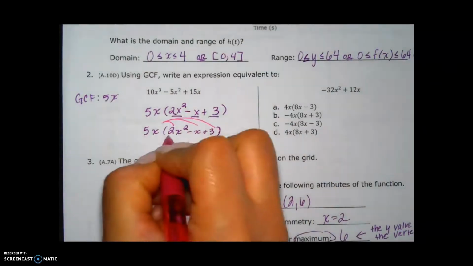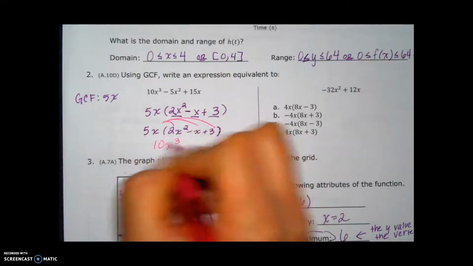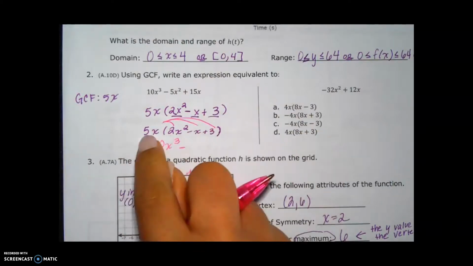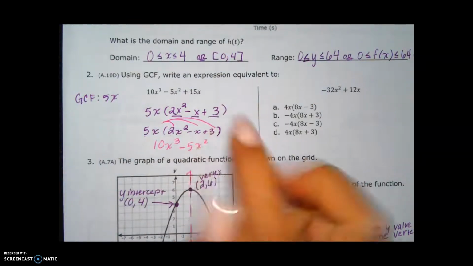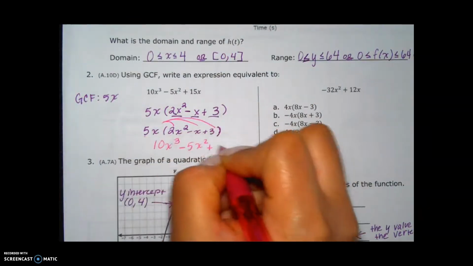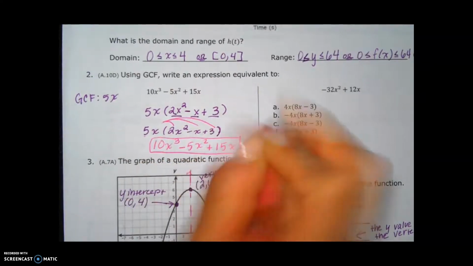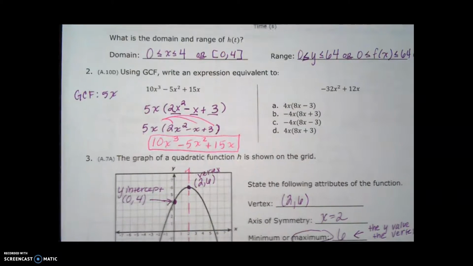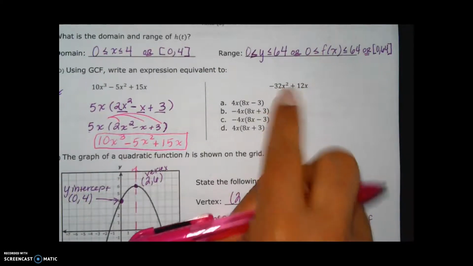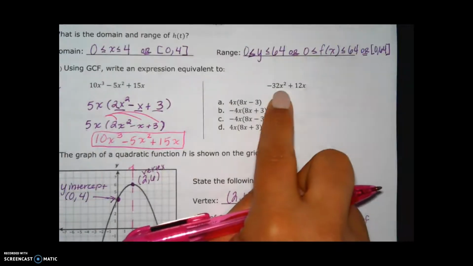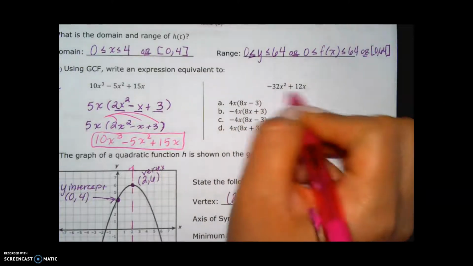So I'll do that here. 5x times 2x squared, that's 10x cubed, minus sign. 5x times x, that's 5x squared. Carry down the plus sign. 5x times 3 is 15x, and you can see that my polynomial matches the same one above. Now you can do the same when it comes to these. If you are genuinely confused, remember that you can just redistribute everything here and see if you get that same polynomial above.